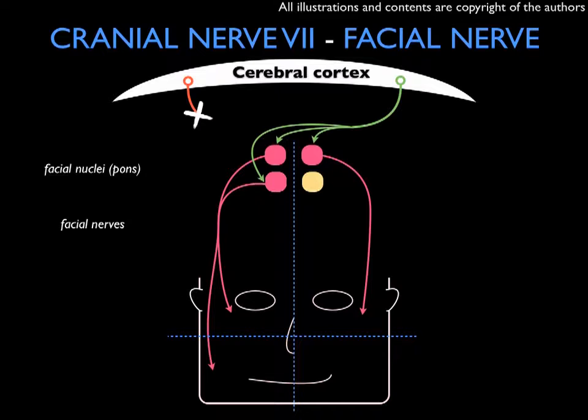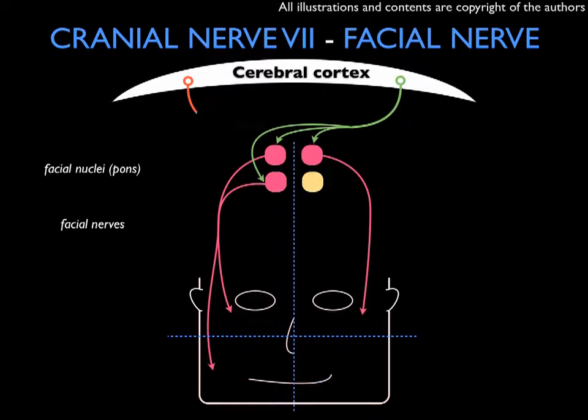Why? Because the upper one is innervated by the other side. In fact, as we said, the upper 2 nuclei are innervated bilaterally. So in this case, the symptom will be a motor symptom on the inferior contralateral quadrant of the face.